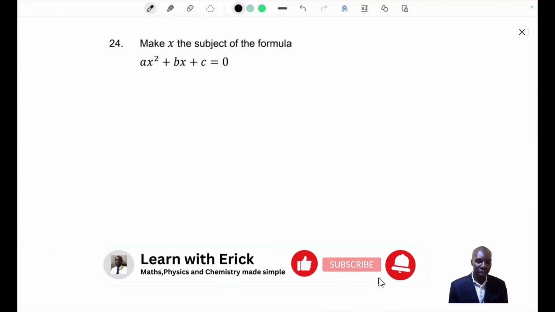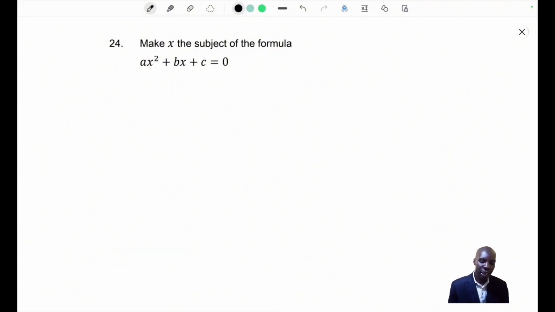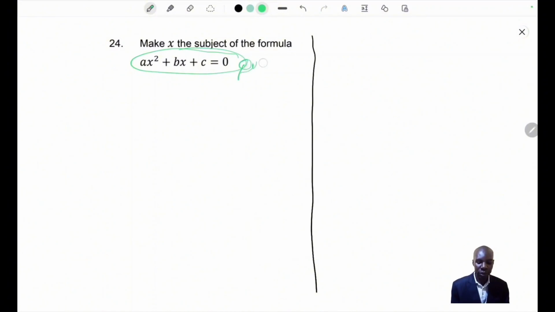Number 24: make x the subject of the formula. In this equation, you can also realize that this one is a quadratic equation. So what we have is ax squared plus bx plus c equal to 0.